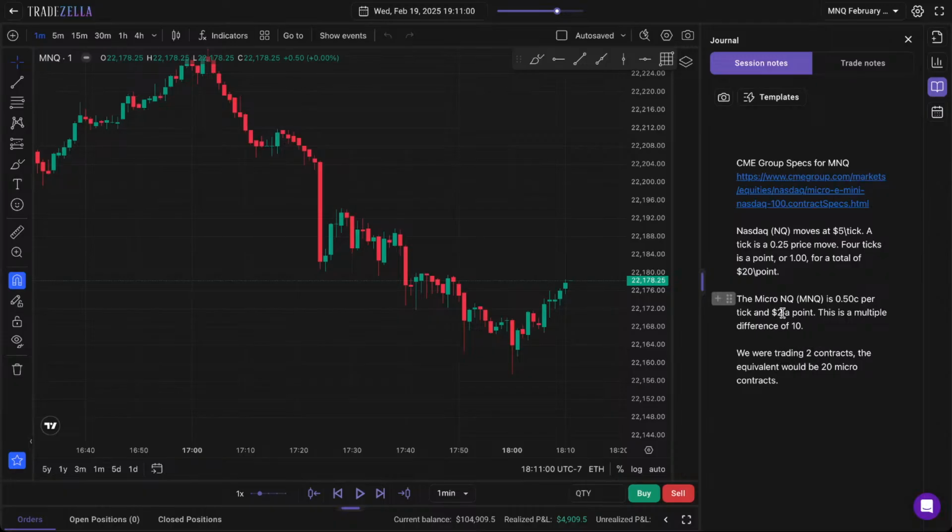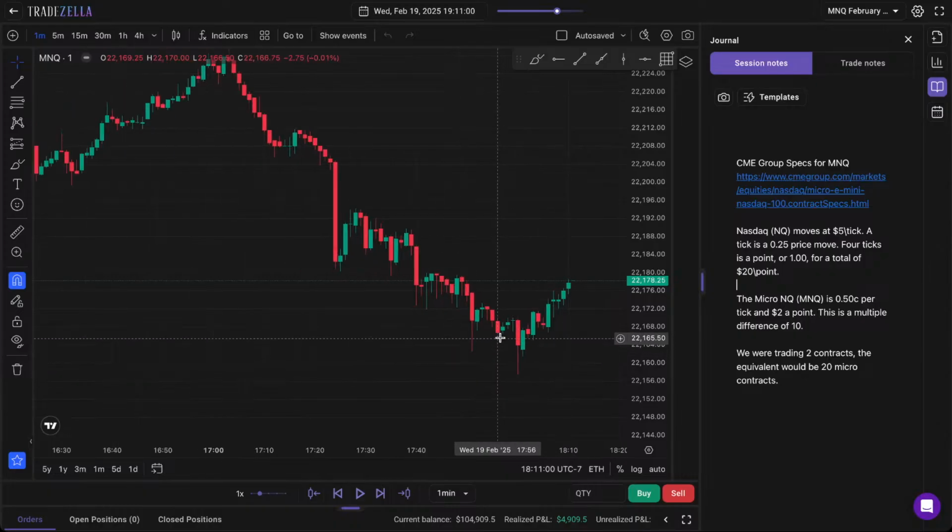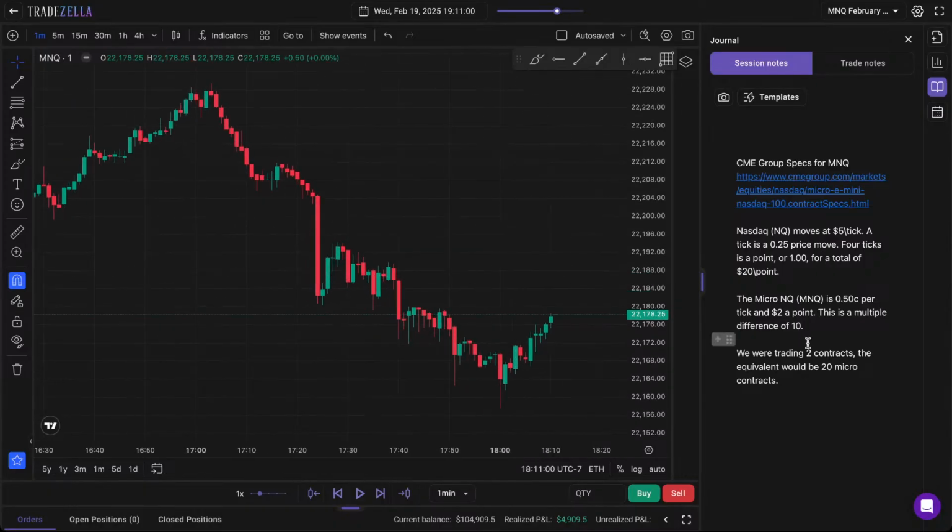The $5 a point that I had here and the multiple of 10 and all of that was confusing the heck out of me last episode. I was tired and I couldn't figure it out. But I looked it back up and I was like, what? That's right. It's only $2 because it's only 50 cents per tick. Four ticks, that's $2, folks. So that's the math. Math be mathin'.